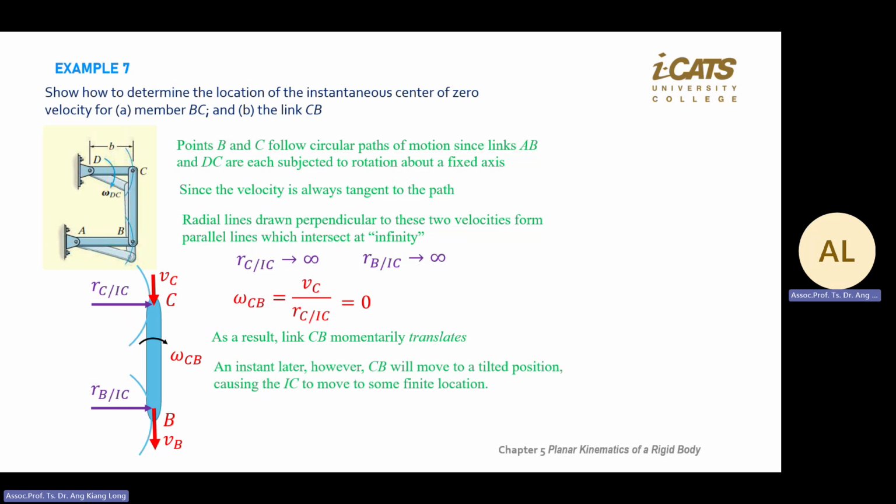So this is just a description of the body. What will the body do? You say that the length of BC or CB translates, and CB will move to a tilted position, causing IC to move to some infinity location.